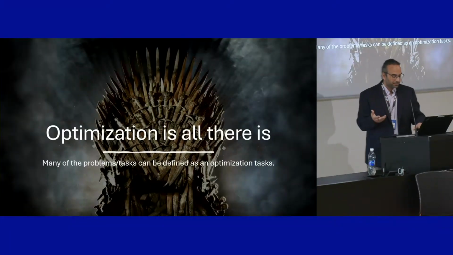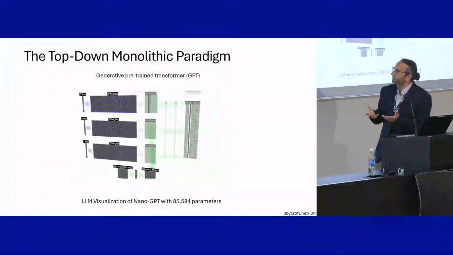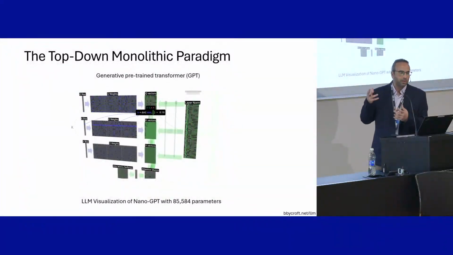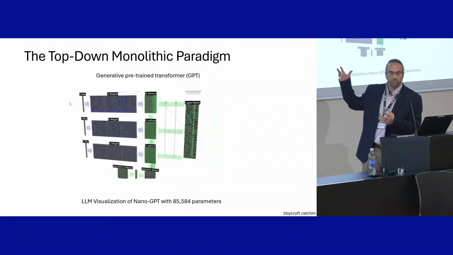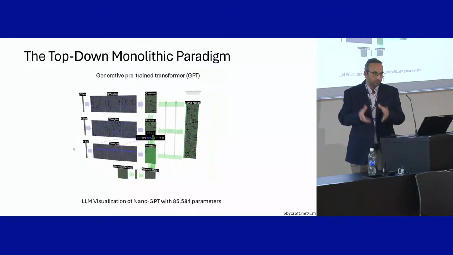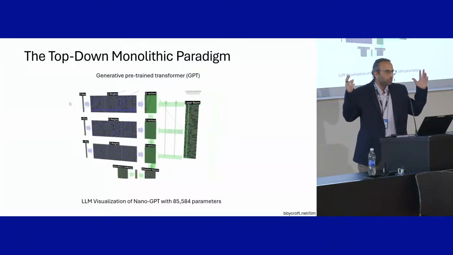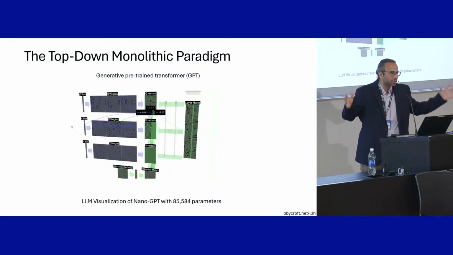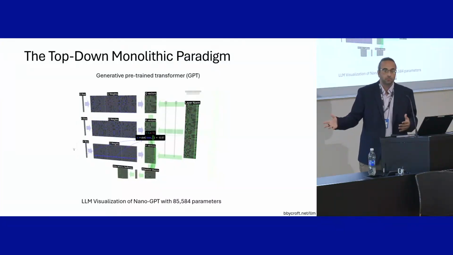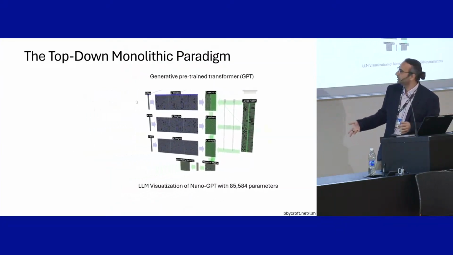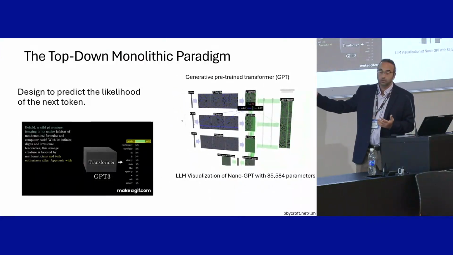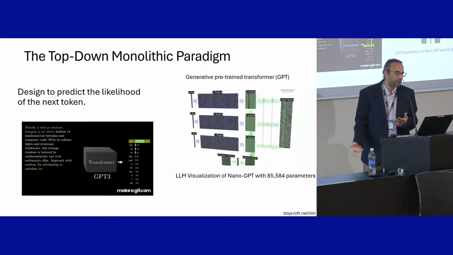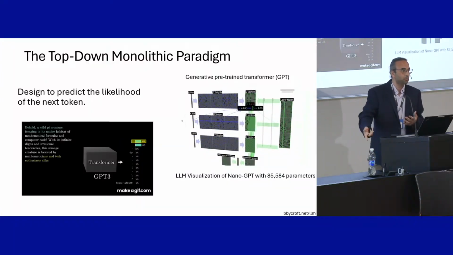But the whole thing about engineering tools is that our concept of building our tools is a top-down monolithic paradigm. We have a task, we build a huge neural network that solves that task. For example, we have NanoGPT, which has 85,000 parameters, and this is the smallest one.